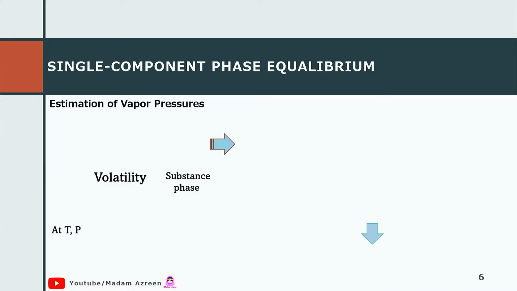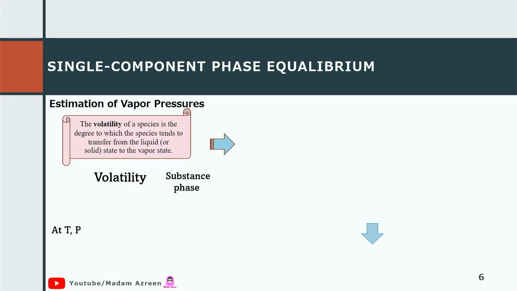Next, we're going to talk about how to estimate vapor pressure. Before we go to vapor pressure, what is vapor pressure all about? Vapor pressure is a measure of volatility. Volatility means the species tends to be vapor.